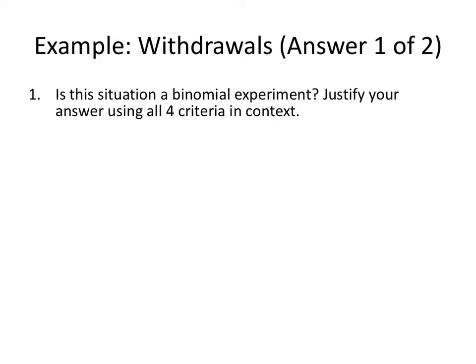So the first thing we want to look at is, is this situation a binomial experiment, and justify using all four criteria in context. So we want to look, does this have a fixed number of trials?